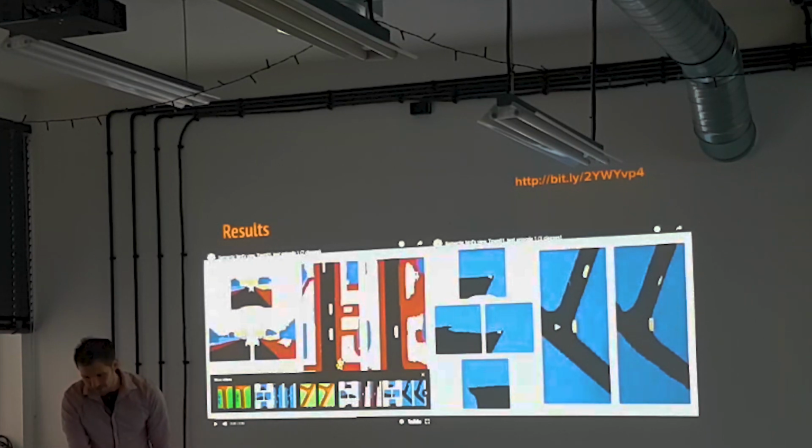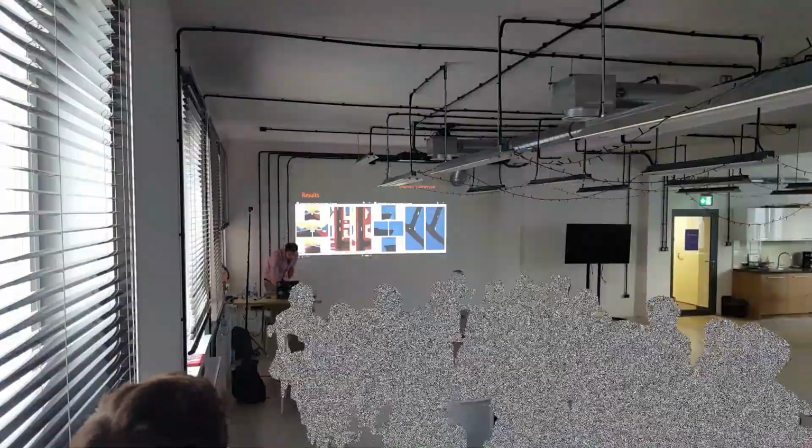This is a 7-class example, and it means that some of the classes are really not visible in the input and are very hard to guess. For example, rooftops. You don't see a rooftop, so the model needs to guess where the rooftop ends. So this is how the results look.